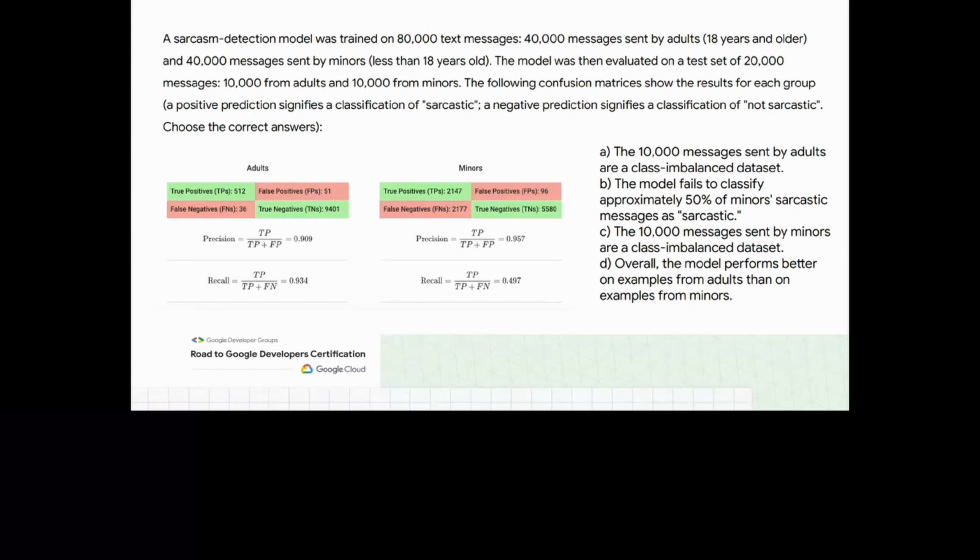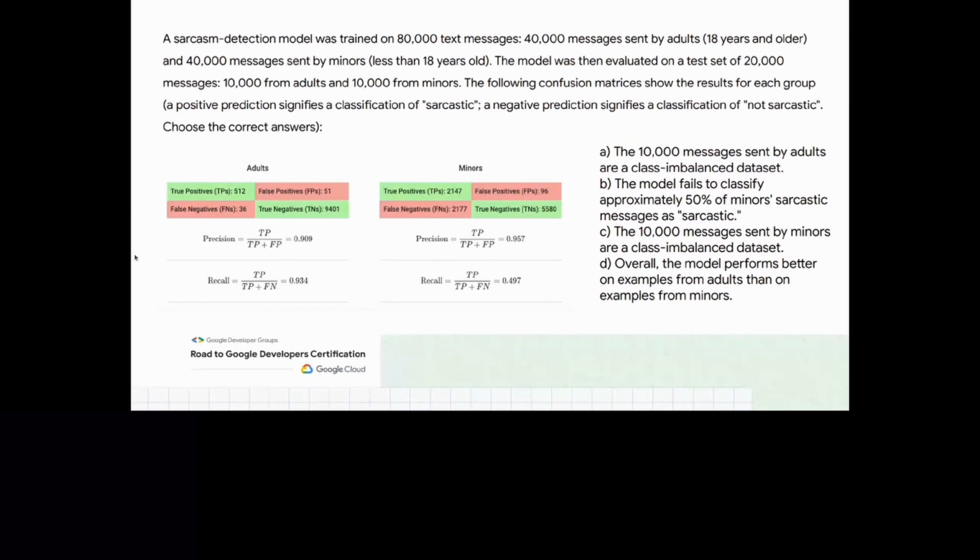And this is the reason that these two are right. 10,000 messages sent by minors are a class imbalance data set. This is not essentially an imbalanced data set because when you add the numbers, it's like 5,000 and 5,000.